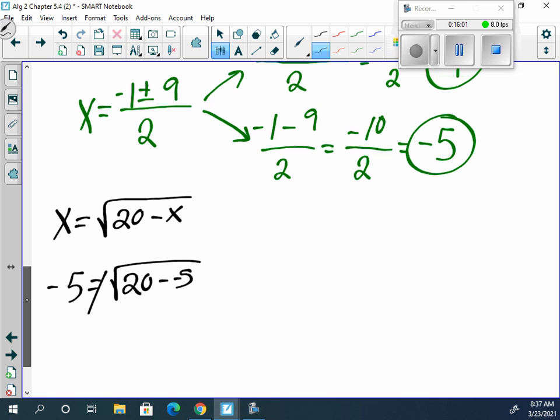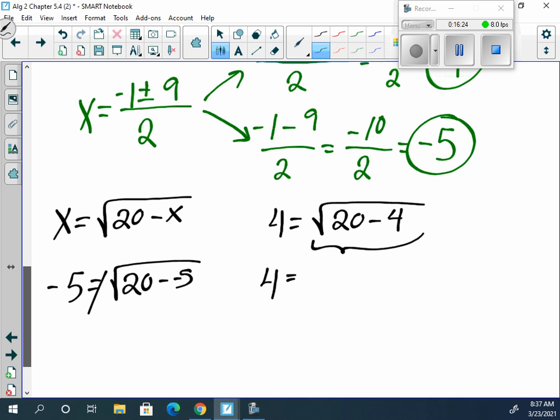Some of this here, even with 4, can we plug the square root of 20 minus 4 into the calculator? I mean, it's all numbers, isn't it? Yeah, we can plug that in. So when we check it, we don't have to write it out by hand.